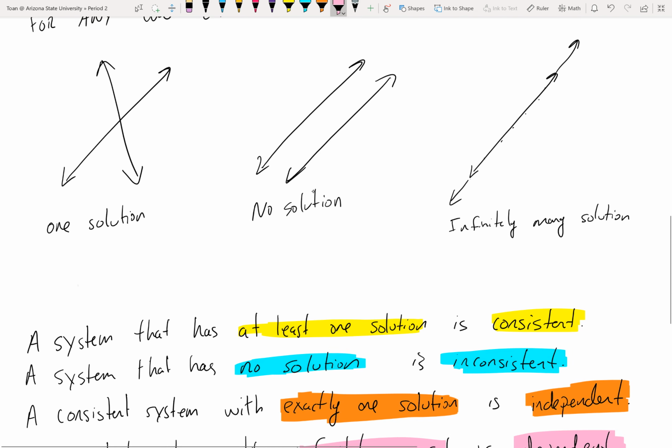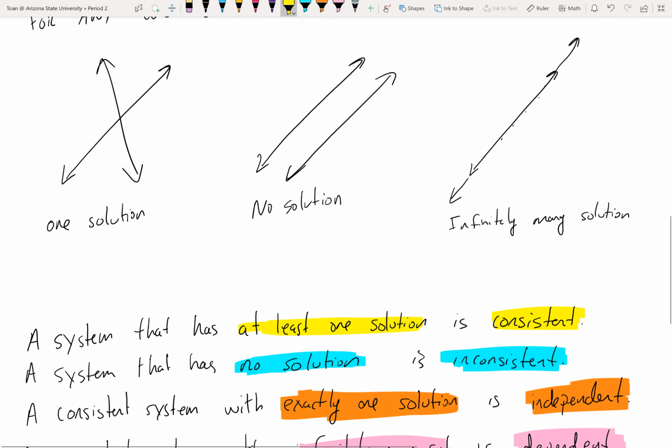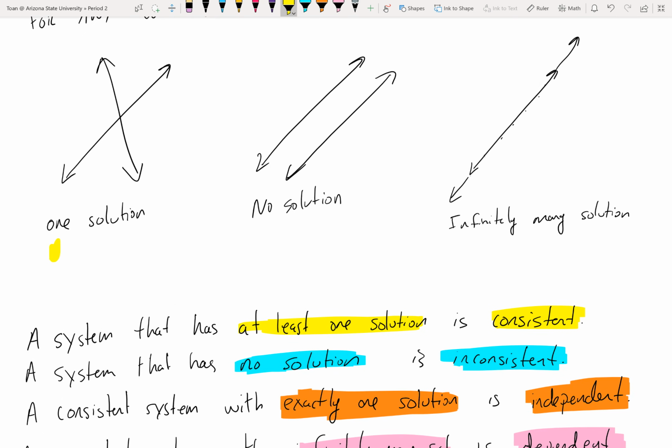You could have an intersection choice, you can have a parallel choice, and you can have a coinciding choice. So I hope, based upon these definitions, the one solution choice is consistent and independent because it has exactly one solution. The parallel situation, it has no solution, so we consider him inconsistent.